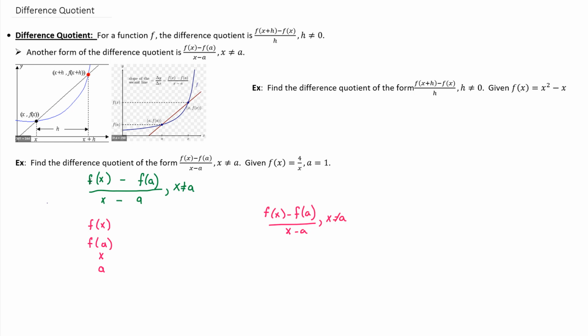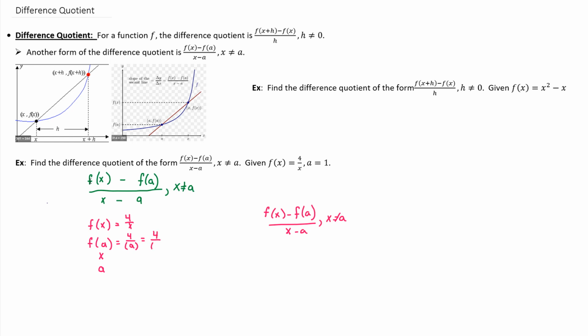Well, f of x is given. It's 4 over x. And f of a is just your function f of x, but don't write x, replace it with a. But we know that a is a specific value.